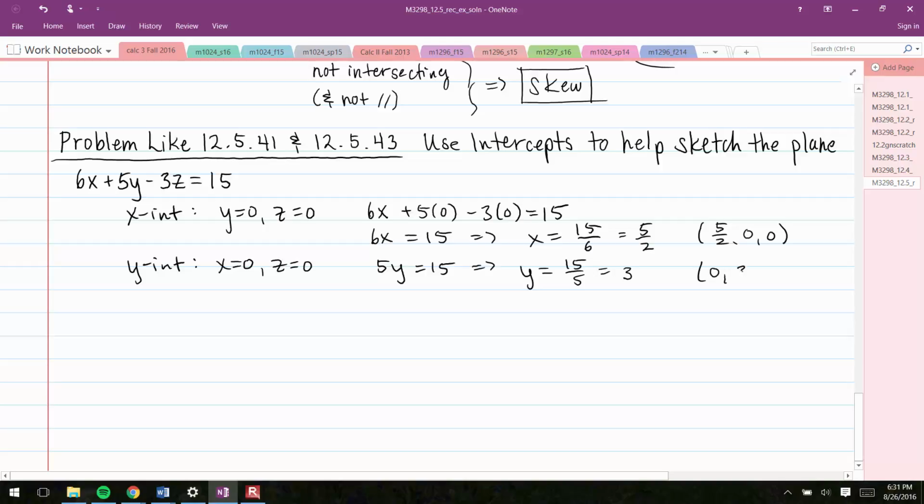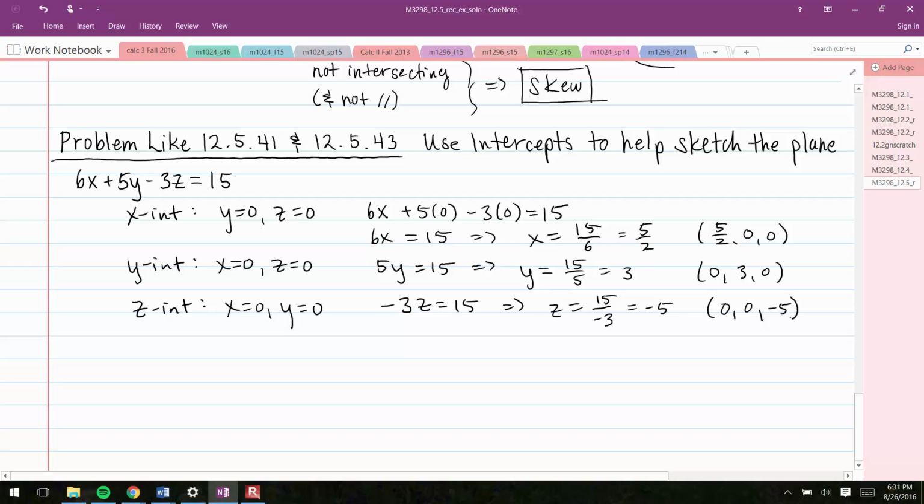So we have the point 0, 3, 0. Finally, our z-intercept, we're going to let x and y equal 0, and so then we'll have negative 3z equals 15, which implies that we'll get negative 5 for our z-intercept, or we have the point 0, 0, negative 5.